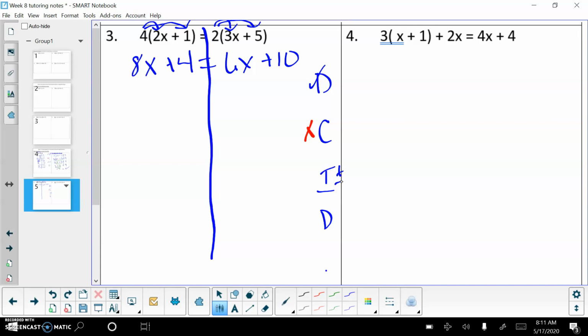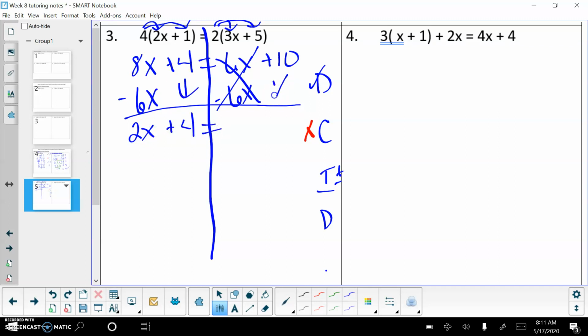I'm going to move that 6x over. It's a positive, so I'm going to use a negative. And 6x minus 6x is 0, so that goes away, but then I have to do it to the other side. 8 minus 6 is 2, so 8x minus 6x is 2x. And then I'm going to bring down the plus 4, and over on this side I'm going to bring down the 10.